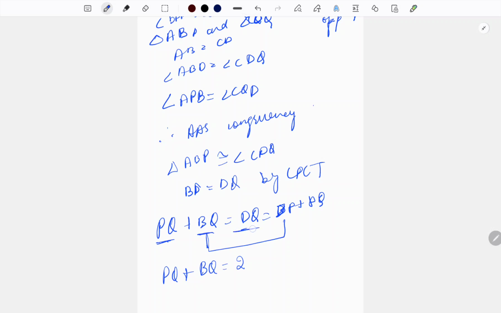Okay, DQ and DP is already equal to BQ. You can replace this as DP, but therefore we can write it as PQ plus BQ is equal to 2 times of PQ, and therefore BQ is equal to PQ.